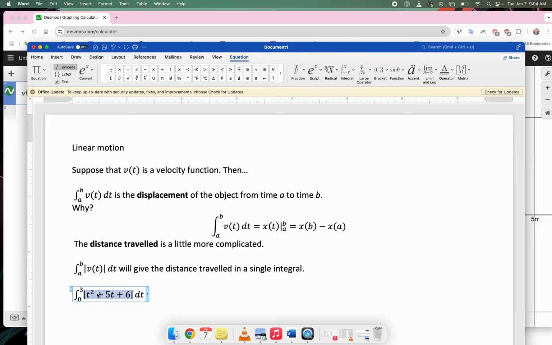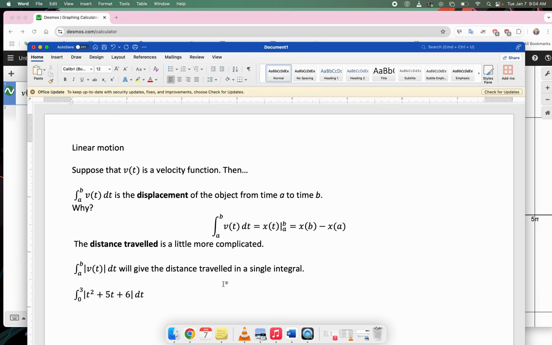We don't know an antiderivative for that function, so therefore this integral needs to be computed with a calculator or Desmos or something. Okay, so if you've got a calculator, if you've got Desmos, then distance traveled, you just do the integral of the absolute value. One integral. If you don't have a calculator, you need to be careful and do a sign analysis of the velocity function and integrate over separate regions. So that's displacement and distance traveled.